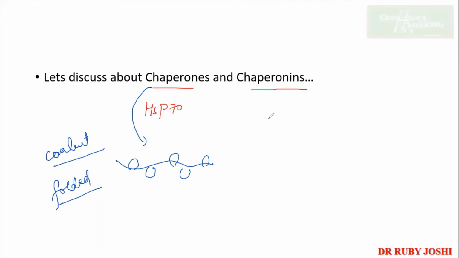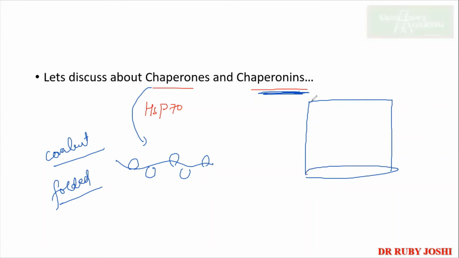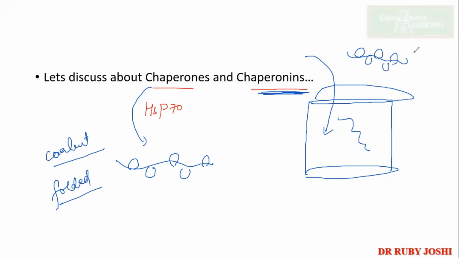Now coming to the chaperonins. Chaperonins provide an environment in which the protein gets folded. For example, they are like a big hollow protein subunit into which the protein goes inside. Here, this protein is an HSP, some HSP90 is there.